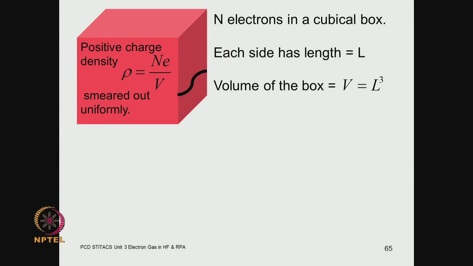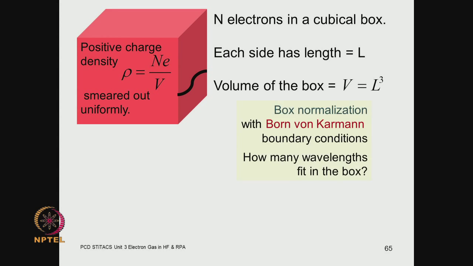So that is the average charge density. The volume of the box, let us say, is L cube, each side being of length L. What we have done, and this is with reference to the discussion in the previous class, we have done a box normalization of the free particle, free electron waves. So that is the kind of normalization we have done.